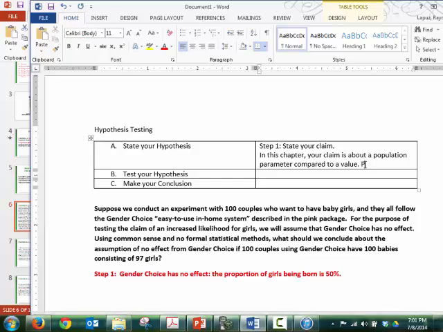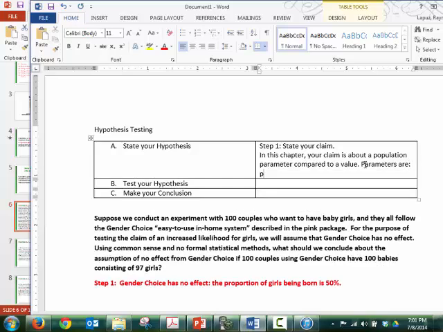The parameters that we studied last chapter were proportions. We studied means, and then we also studied variances.